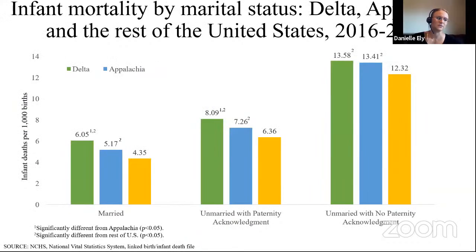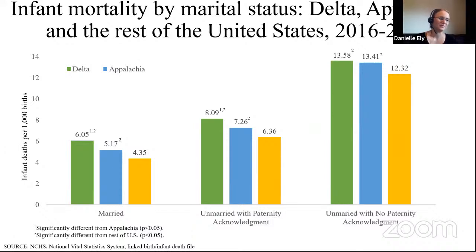Another report that we did looked at infant mortality in the Delta, Appalachia, and the rest of the United States for 2016 and 2017. And this actually used a combination of both birth data and infant mortality data. The example that I pulled here shows the infant mortality rates by marital status in the Delta, Appalachia, and the rest of the US.